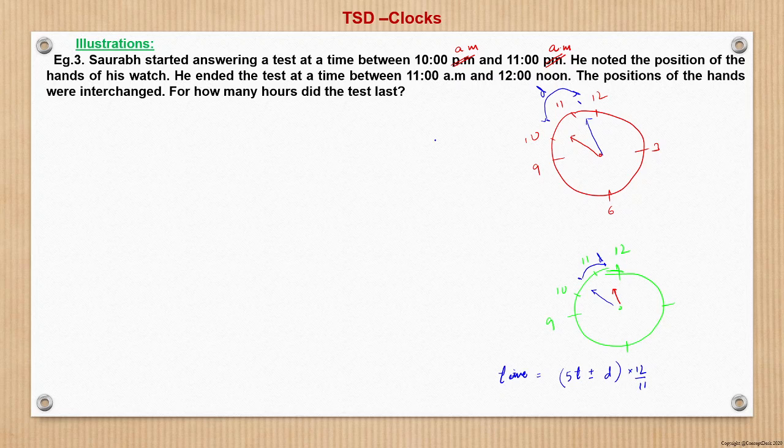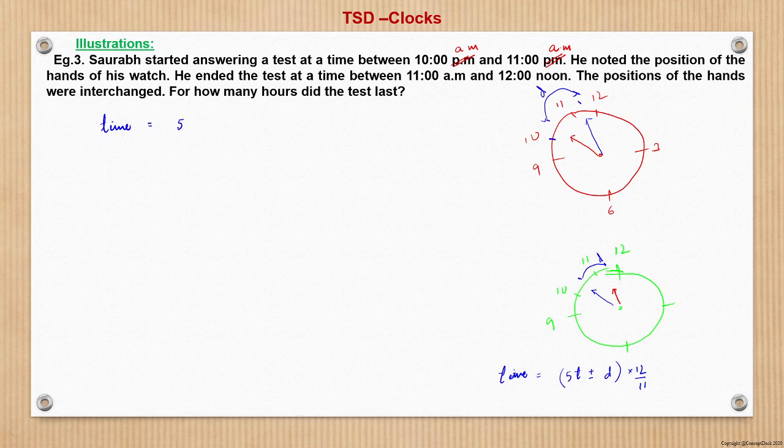So for the first case, what will be the time? For the first case, the time at which this position would occur is nothing but here 5t. Here our hour position is 10, right?